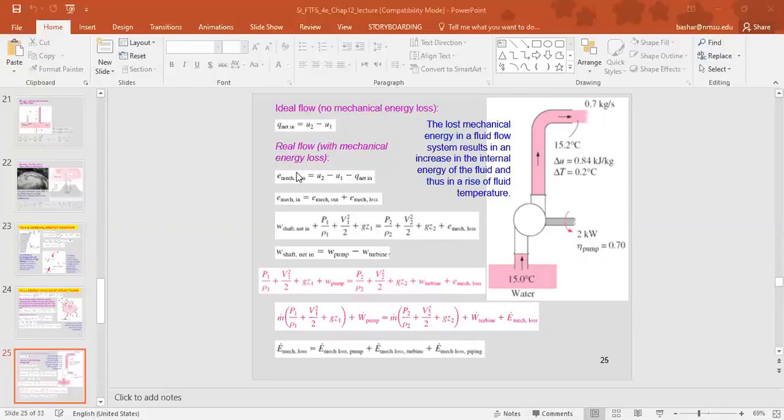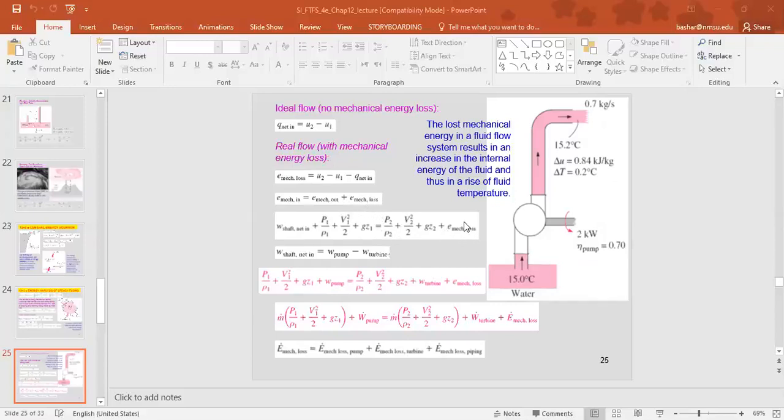In case not, then this represents the mechanical energy losses in the flow, which is the case for the real flow. The mechanical energy equals the mechanical energy output plus the mechanical energy losses.